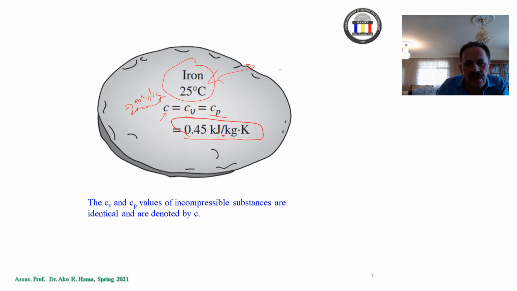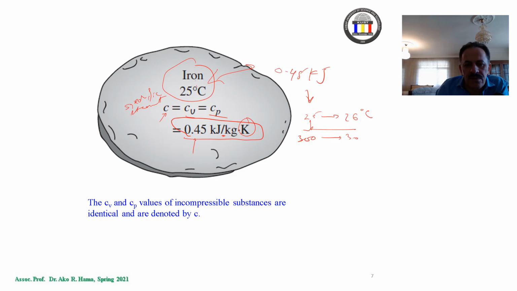So you need 0.45 kilojoule for changing the temperature of this iron from 25 to 26 degrees Celsius. Now this is per Kelvin. Be aware, this means from 300 to 300 something.